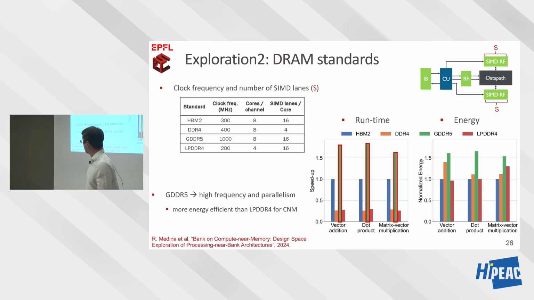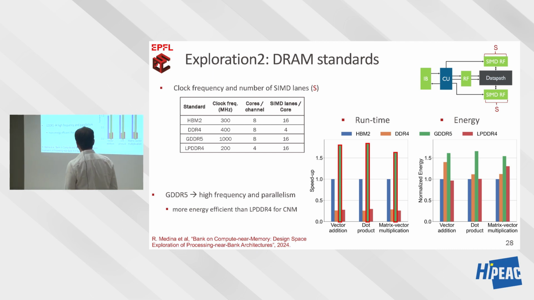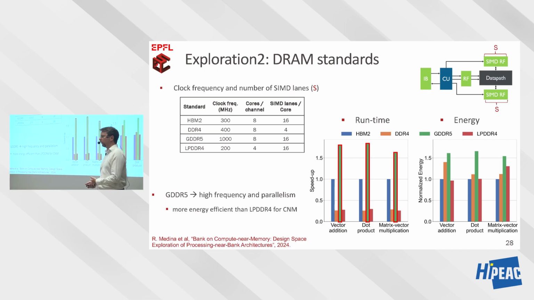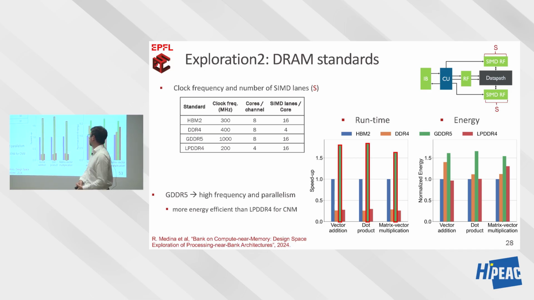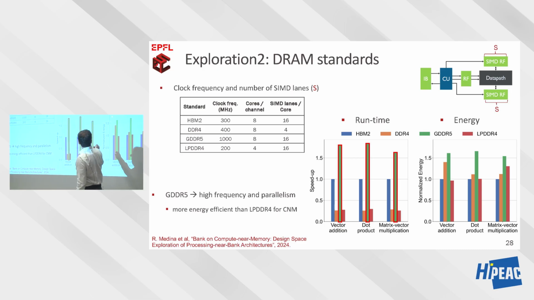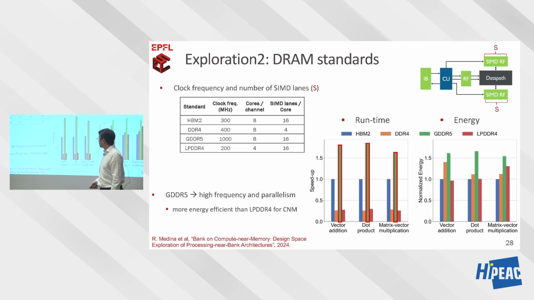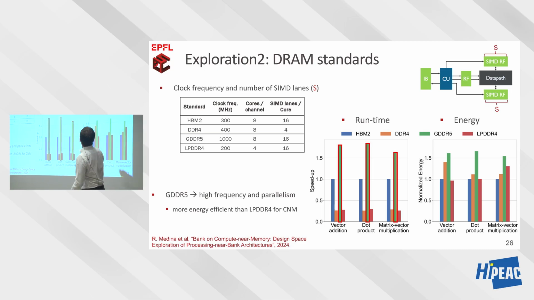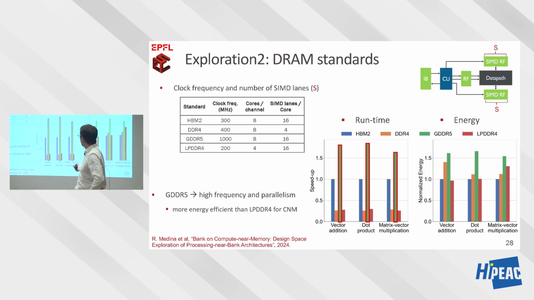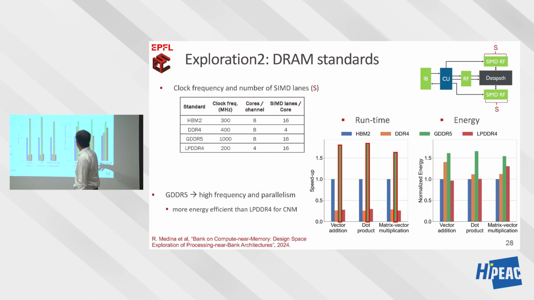And it turns out that this is very important in order to have both performance and efficiency when we're talking about near-DRAM computation. In particular, the GDDR5 standard, which has a lot of cores per channel and a lot of SIMD lanes available, can execute different types of computational kernels very fast, and this leads to quite a lot of energy efficiency.